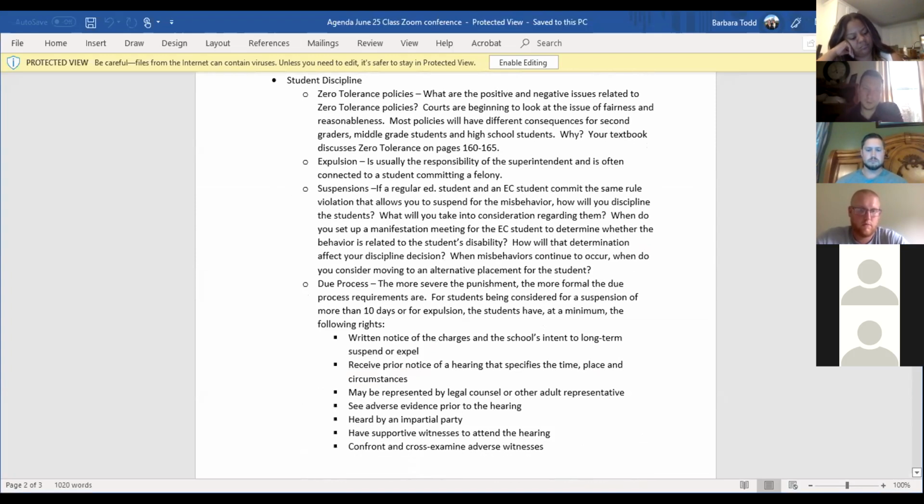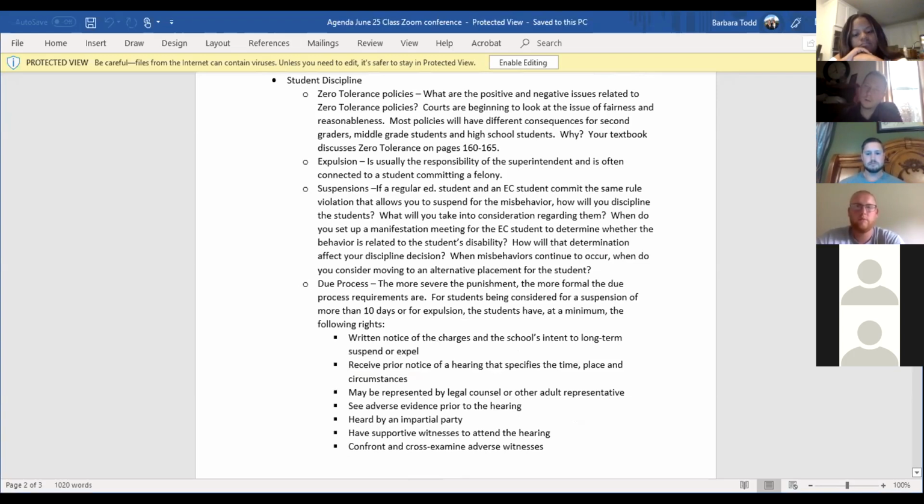Zero tolerance policies, while they sound good and make a statement, think about the fairness and reasonableness if you have the same thing for a K-5 student, a 6-8 student, and a 9-12. So just think about that. We're not going to talk about it, but I want you to think about that.